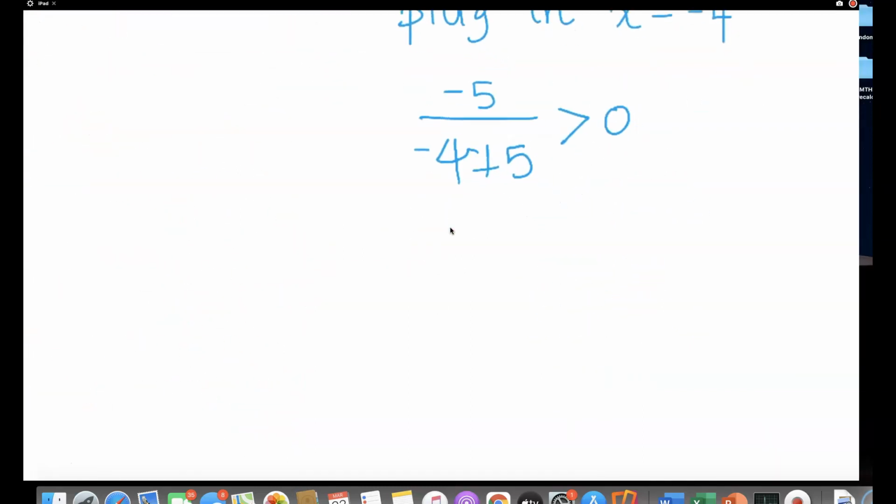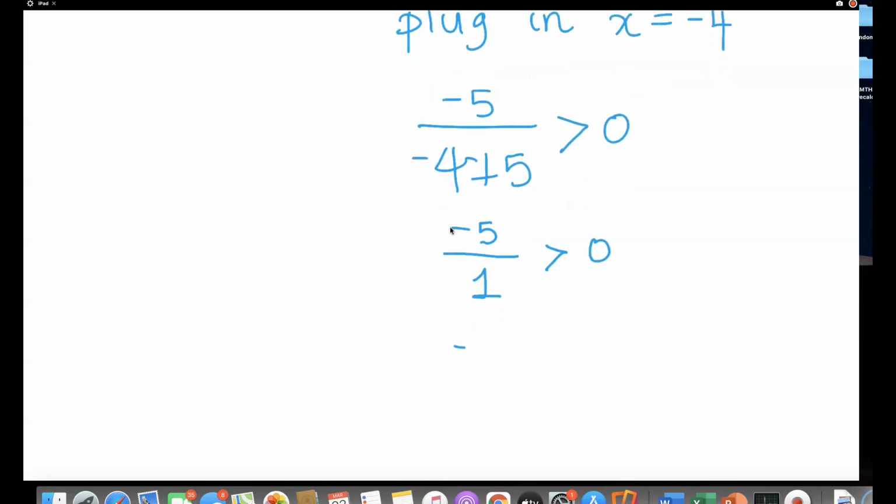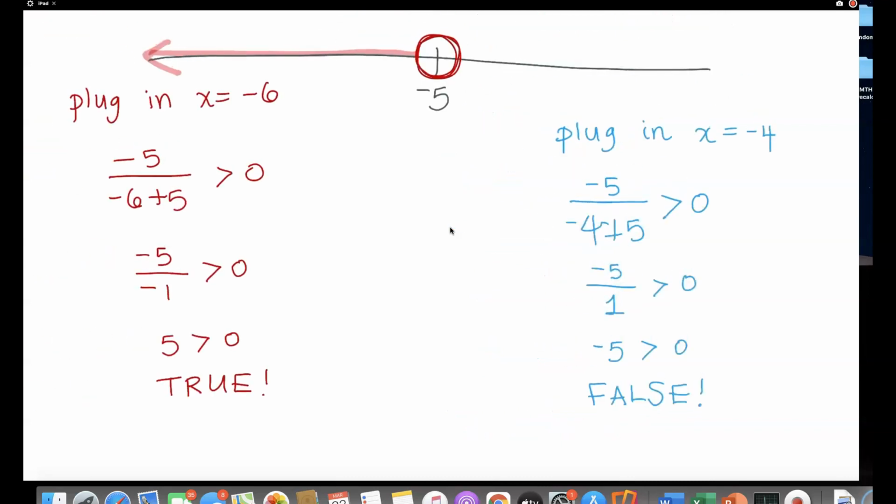Let's see if this is true. That is -5 over +1 is greater than 0. Oh my goodness, it is saying -5 is greater than 0. This is false. Because this is false, the interval to the right side of -5 is not the solution.